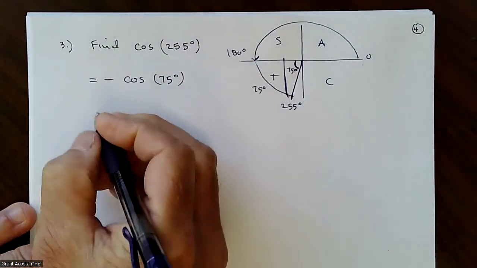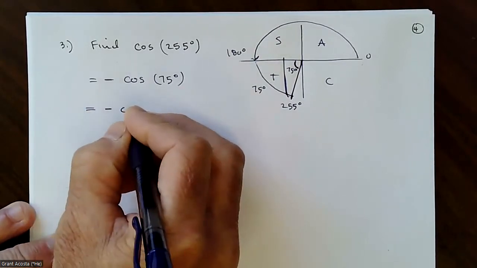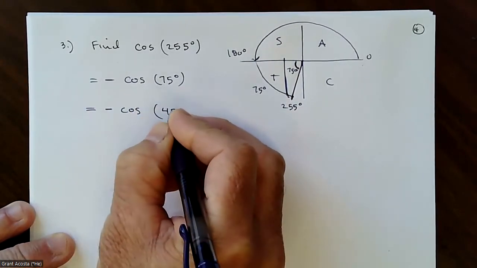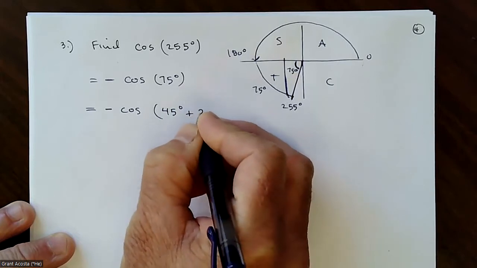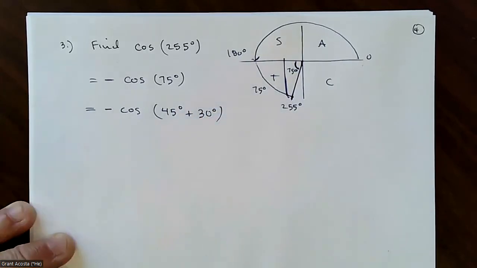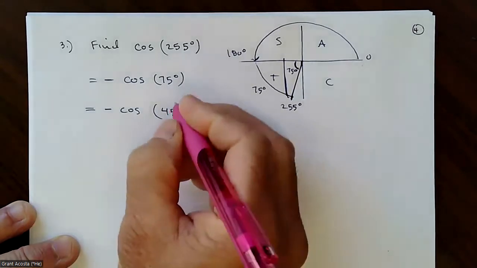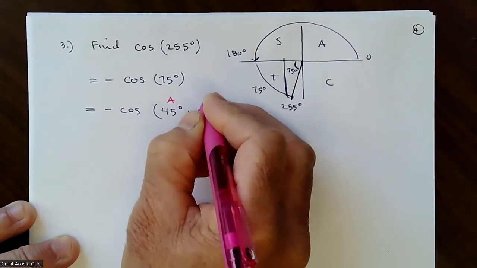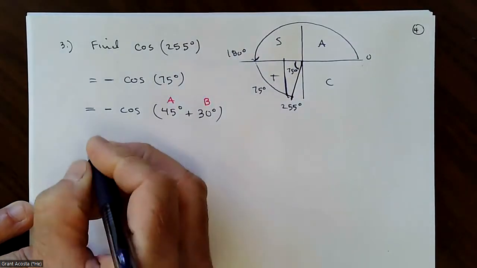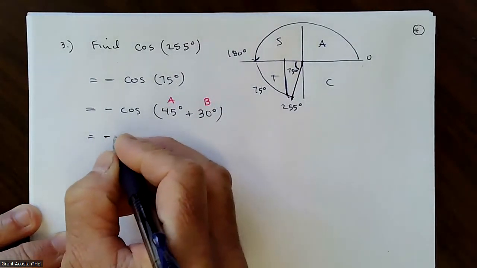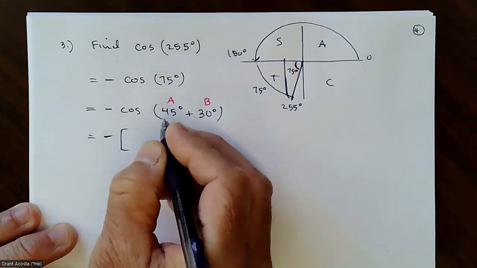And 75 degrees happens to be the sum of 45 plus 30 now, instead of subtracting like we did to get 15 degrees. So using my identity for cosine, with this being A and this being B, and I'm going to put a big bracket around this.